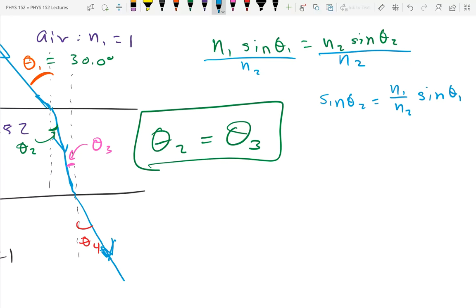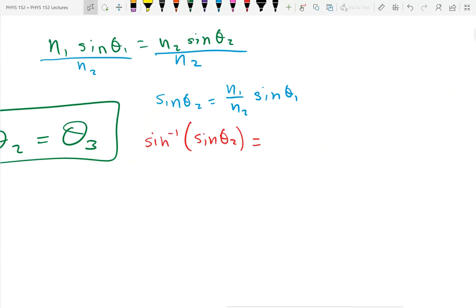How do I find theta 2 if I have sine theta 2? I just need to use the inverse sine. But of course, inverse sine of sine, by definition of the inverse function, is theta 2.